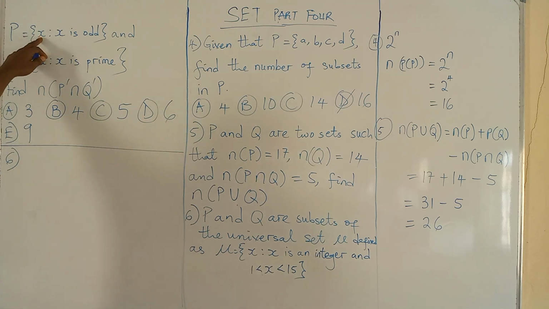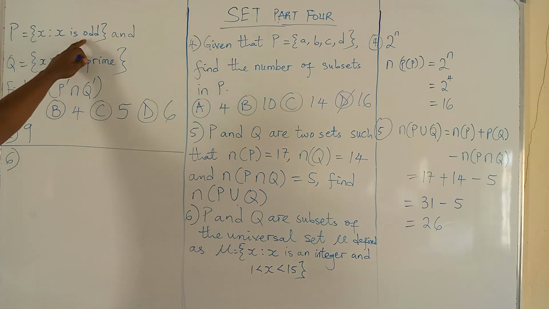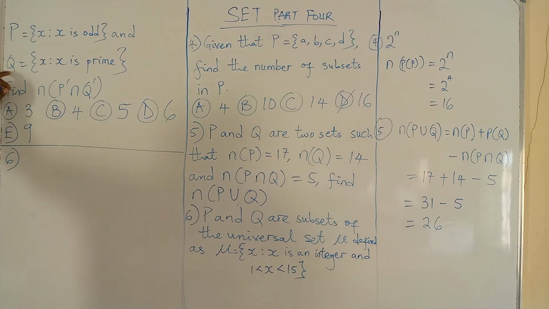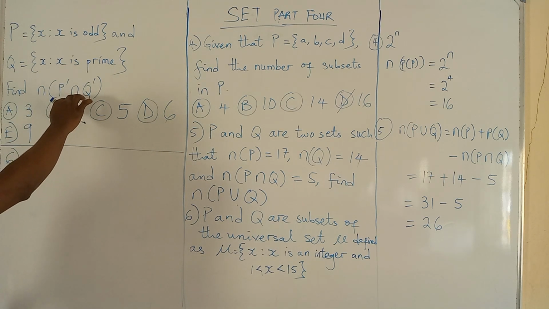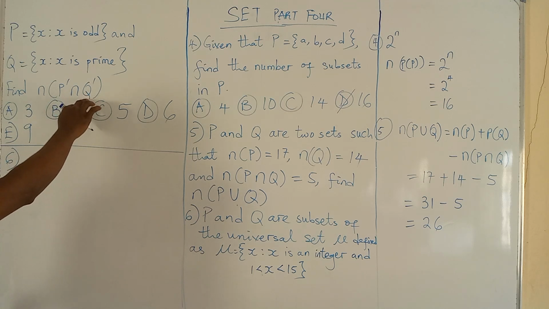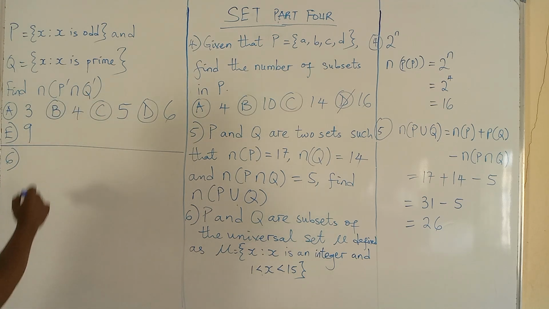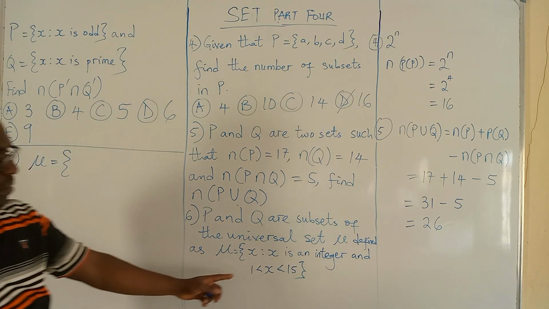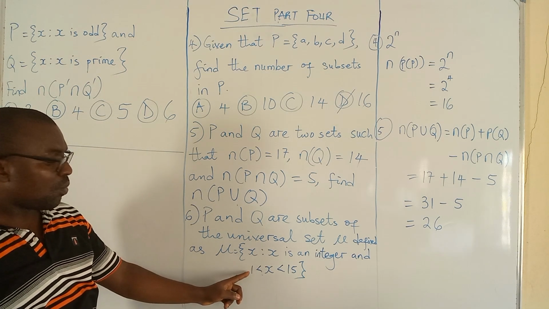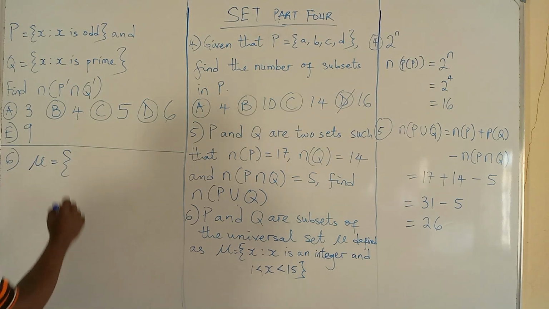P is a set of x such that x is an odd number. And Q is a set of x such that x is a prime number. Then we have to find the cardinality of P prime, the P complement intersection Q complement. First of all, what is the universal set? 1 is less than x, that means x is greater than 1.